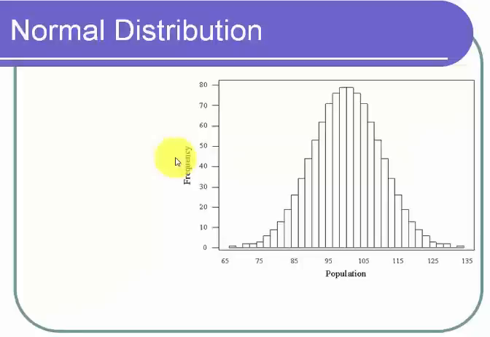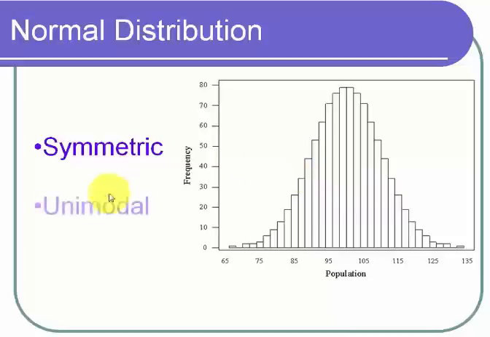The next distribution, which is the most important distribution of this entire course, is called the normal distribution. The normal distribution has some very important attributes. The first is that it's symmetric about its mean. So here's the mean, and we see the highest frequency is right here at the mean, and the left-hand side and the right-hand side are mirror images of each other.